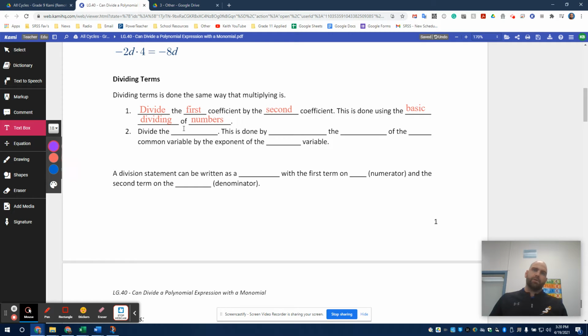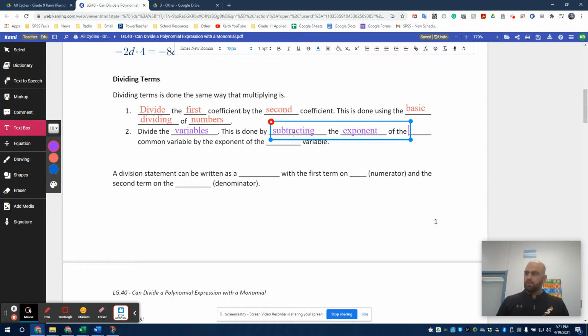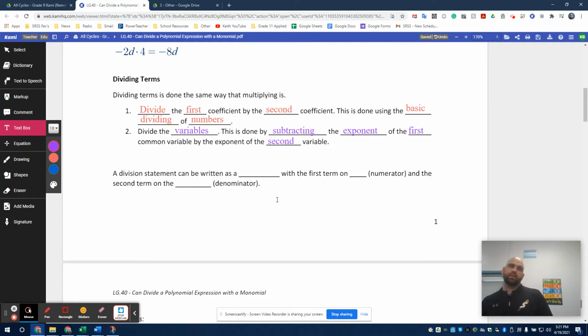The second step is we're going to divide the variables. This is going to be done by subtracting the exponent of the first common variable by the exponent of the second variable, or the one that is common to it.